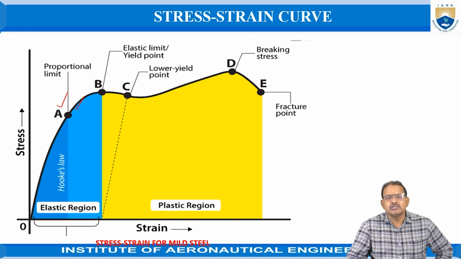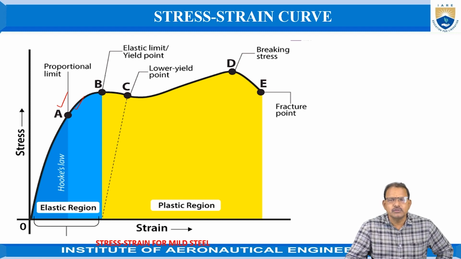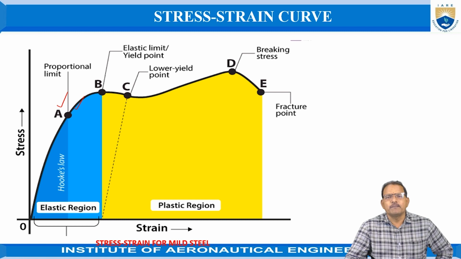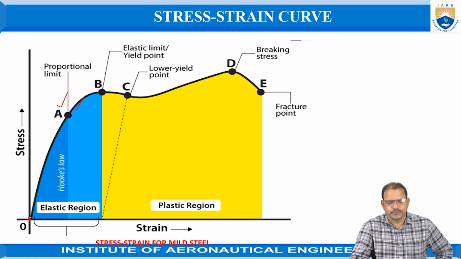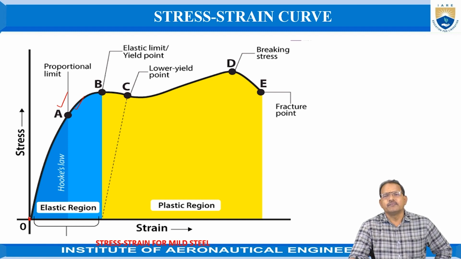When no load is acting on the specimen, the stress is equal to 0. That is, stress is the ratio of force applied to the cross section of the specimen, and it is equal to 0. Hence, the elongation is also equal to 0. Here it is represented as the origin of this curve. Now, when the load increases, the stress also increases.